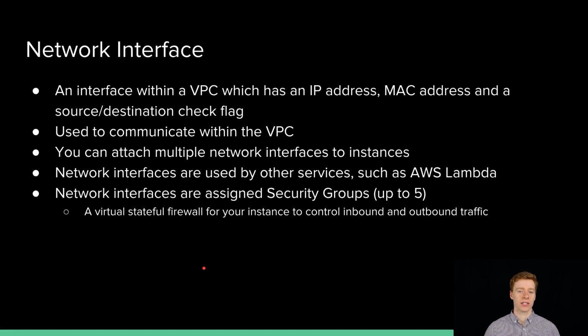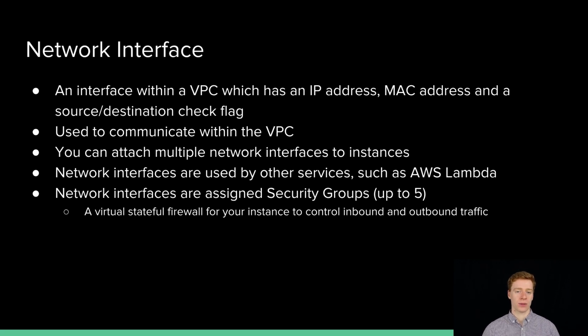Right, so the next part is network interfaces. A network interface in a VPC has an IP address, a MAC address, a source destination flag, and other attributes such as security groups, which provide a stateful firewall for traffic going in and out of an instance or another AWS service.